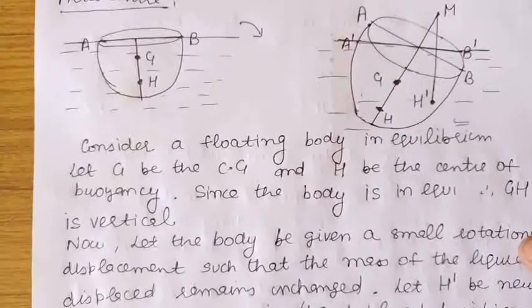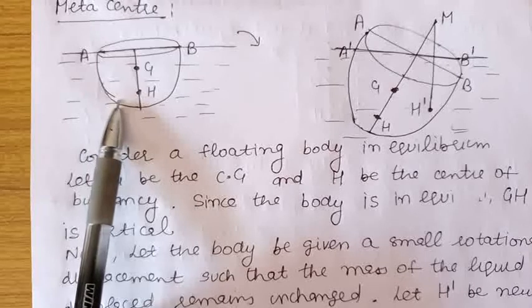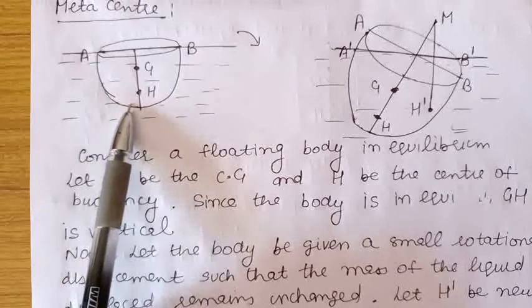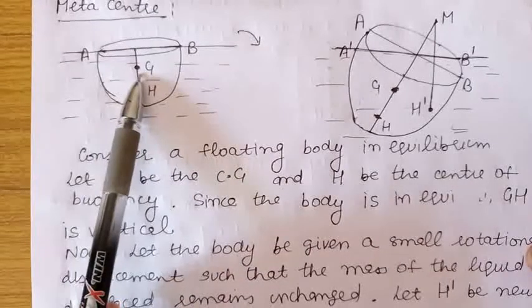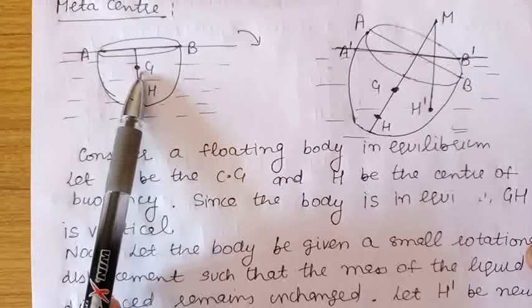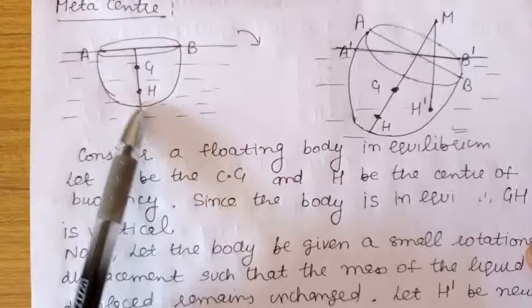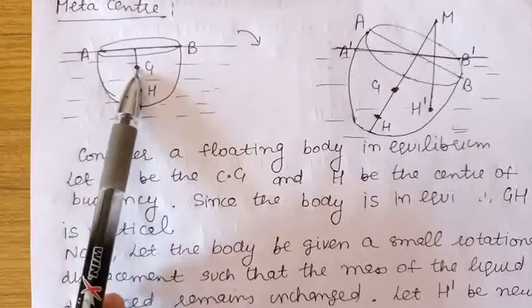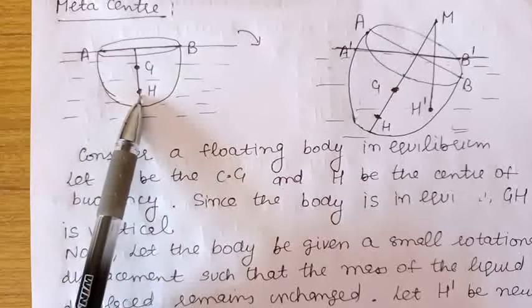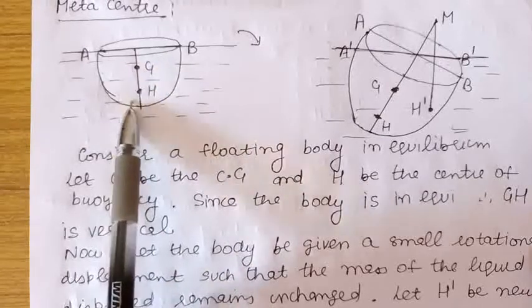To define the metacenter, let us consider a body which is floating in a liquid, and this is in the position of equilibrium. Let us take G as the center of gravity of the body, and H as the center of buoyancy. Now because the body is in equilibrium, the center of gravity and the center of buoyancy will lie in the same vertical line. So the line joining the points G and H will be a vertical line.